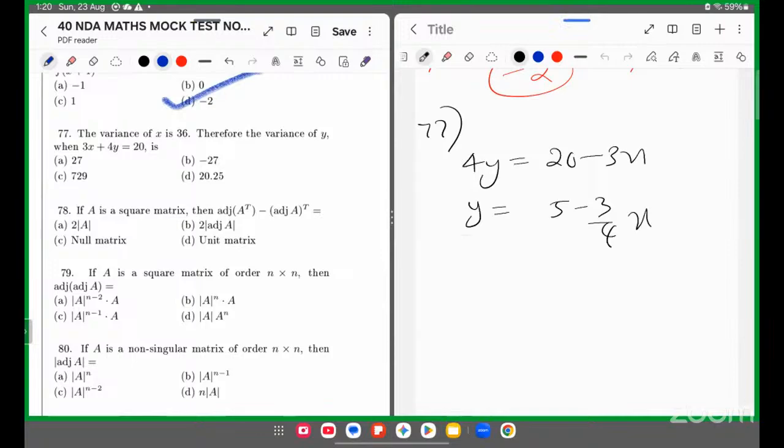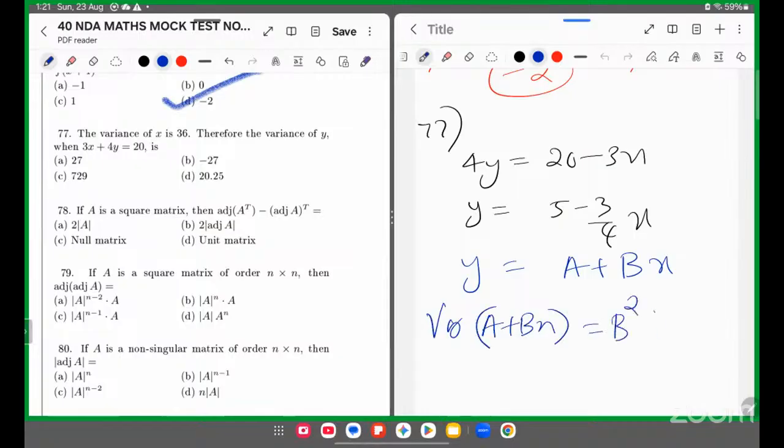So I can say y equal to a plus bx. As per the property, variance of a plus bx can be written as b square into variance of x.